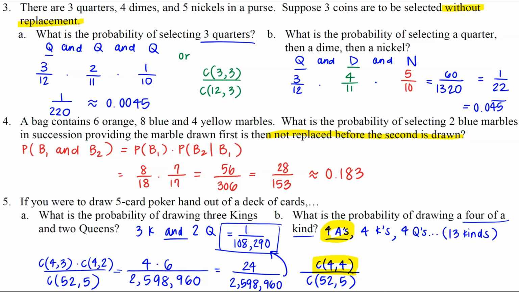So I would take the combination of 4, 4, and multiply it by the 13 different ways that that could happen. So my final answer would be 13 out of 270,725. It's approximately 0.00048.